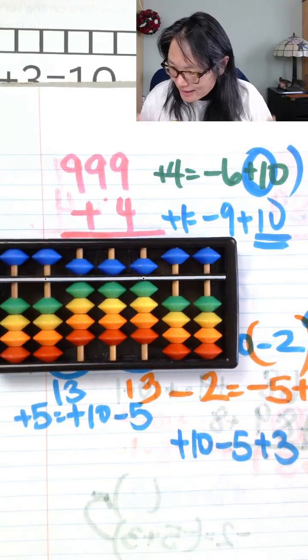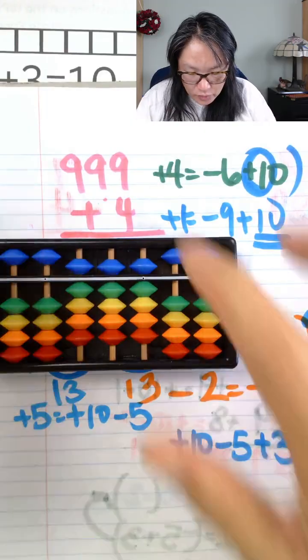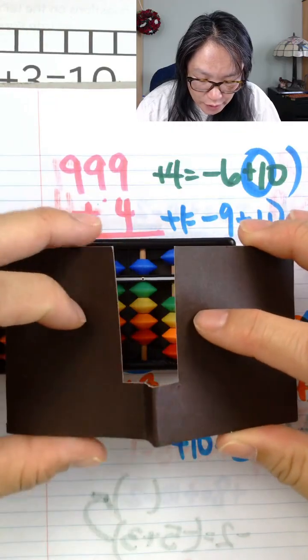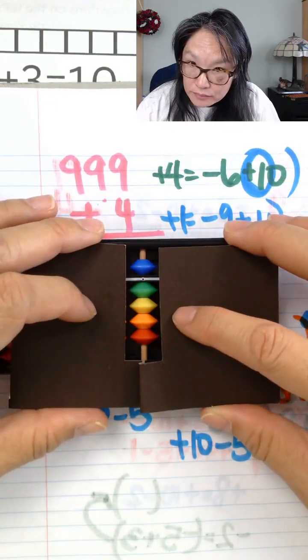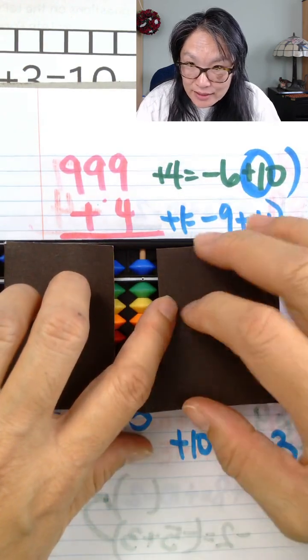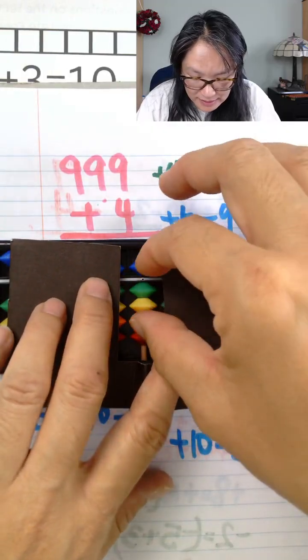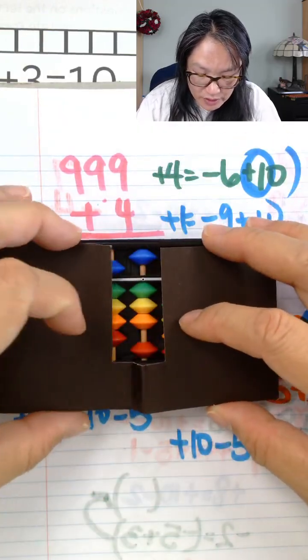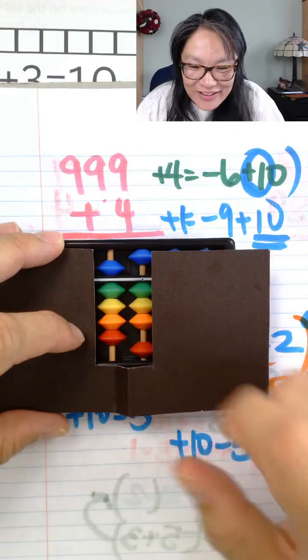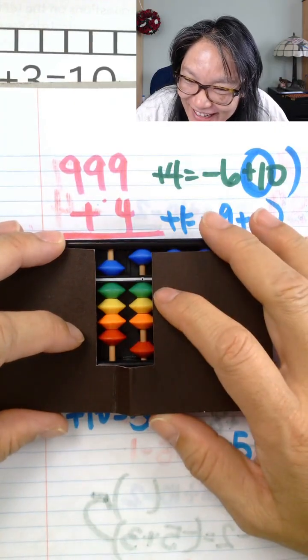So here, we're going to add the 4. We want to minus the 6 plus the 10. We're going to take away the 6, and we need to plus the 10. We're going to add the 10.